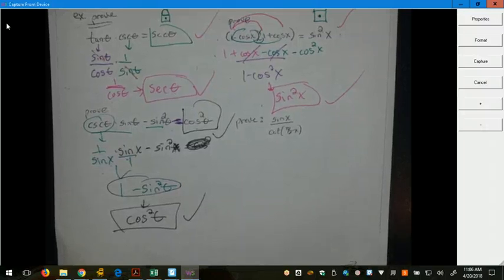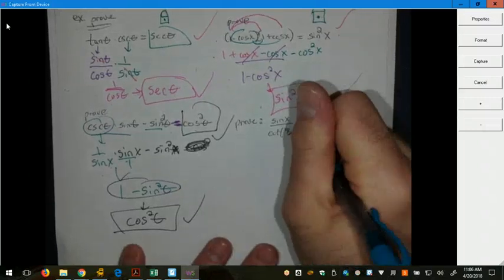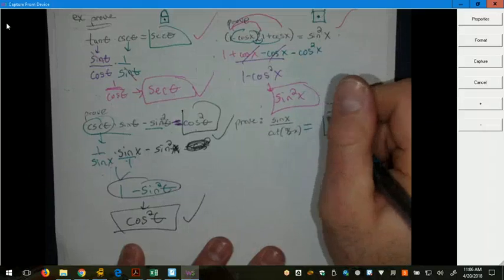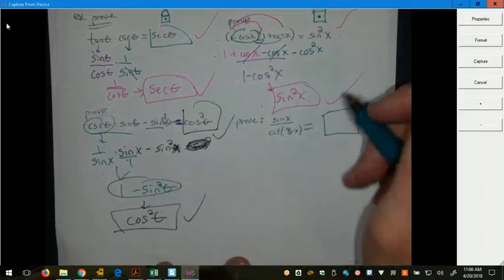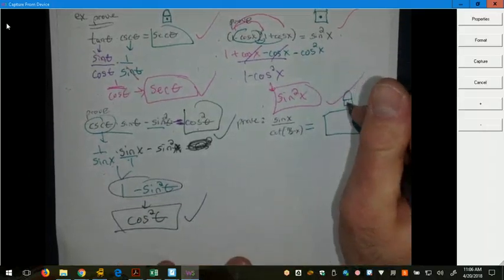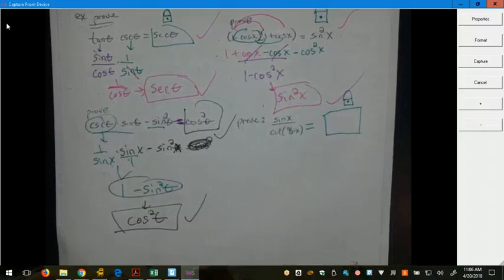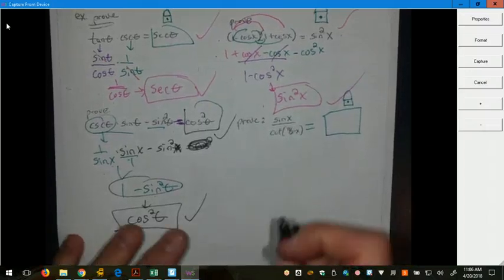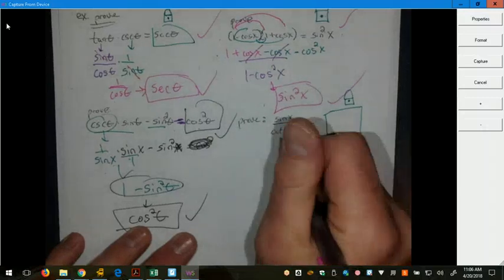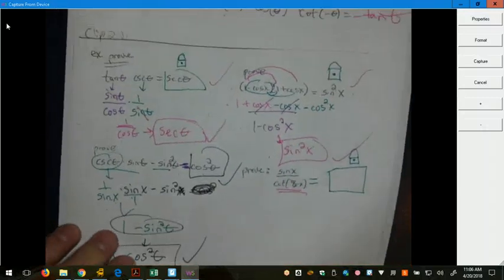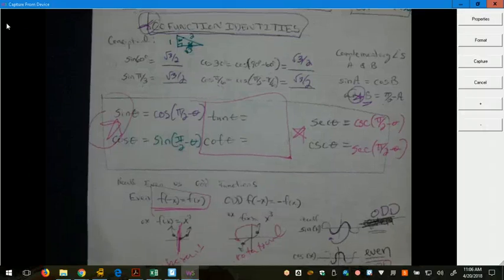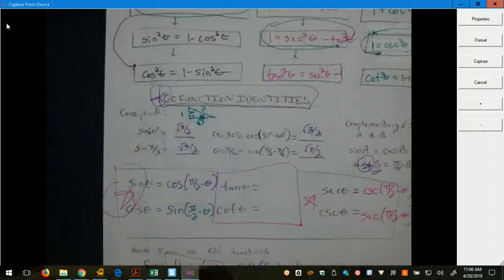This one, I didn't say what it was because I wanted you to know what it was going to be equal to. We're going to lock this side. I'm not telling you what it is because we're going to get there. So you're going, what? What does that mean? Well, we recognize this as a cofunction identity.